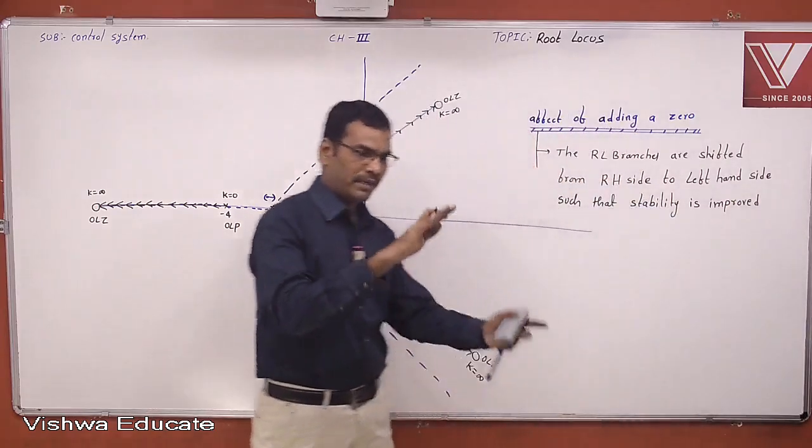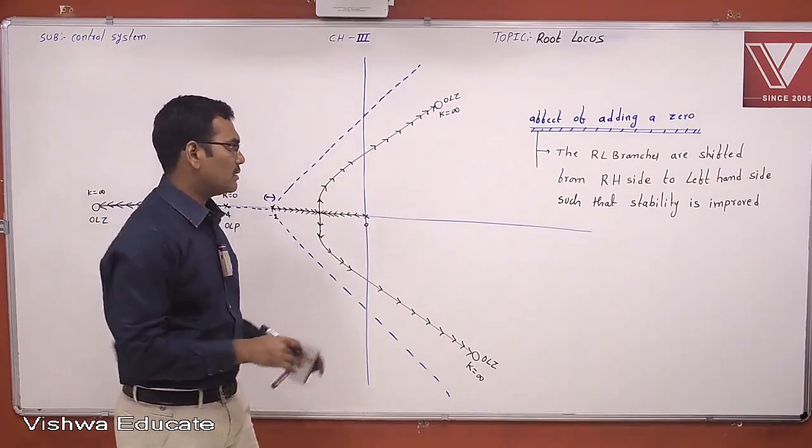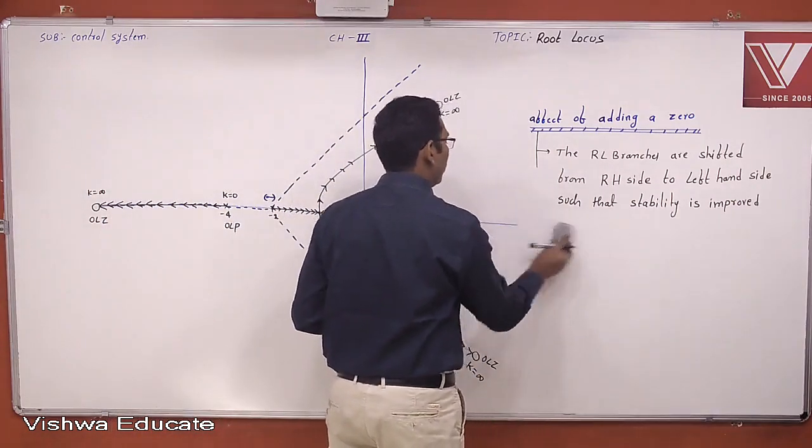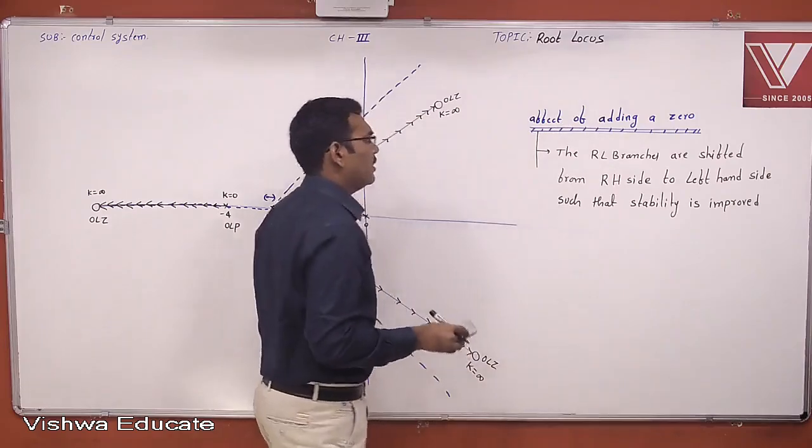The branches are completely shifted from right hand side to left hand side such that the system stability is improved. Okay, this is the effect of adding a zero.